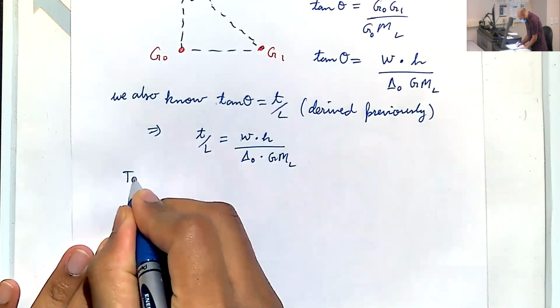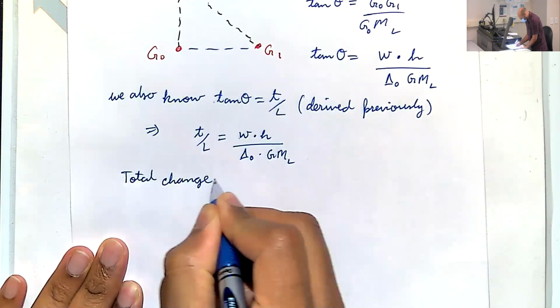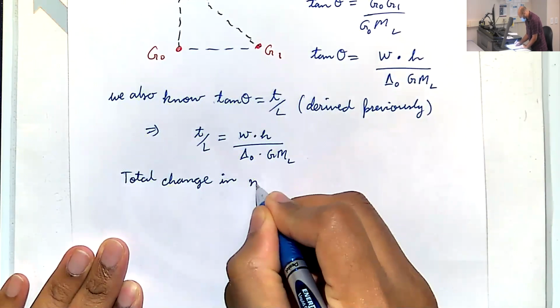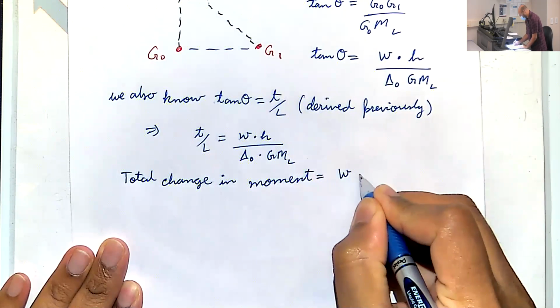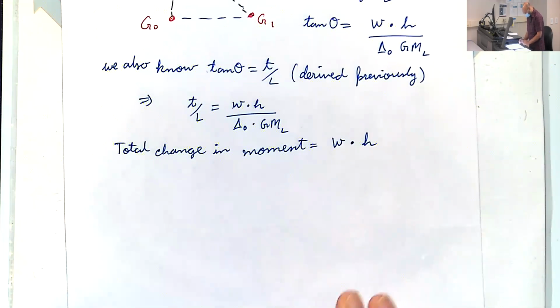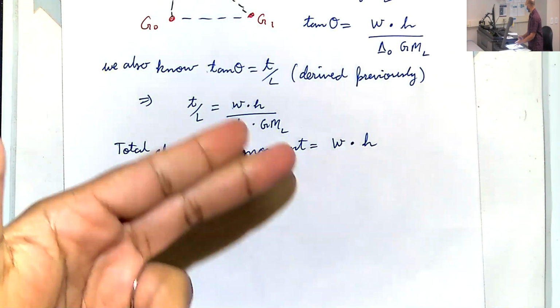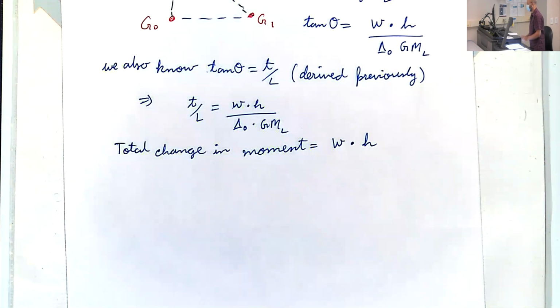So the total change in moment is the force, which is weight, times h, the distance moved. With these two things, we can figure out what our MCT is, meaning the moment required to change the trim by 1 meter.